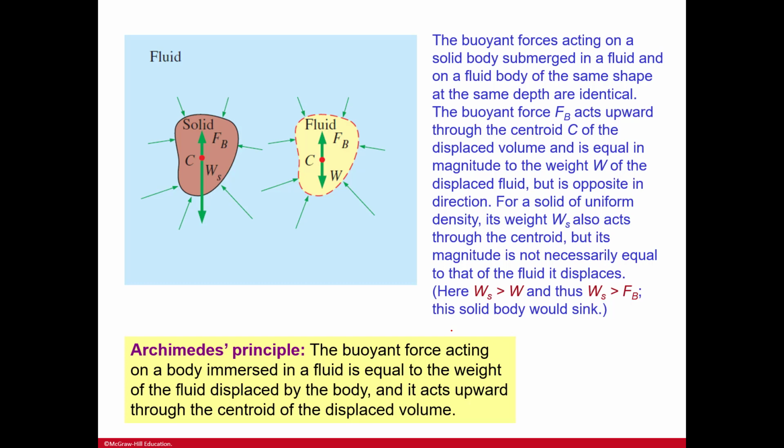And this is Archimedes' principle: the buoyant force acting on a body immersed in a fluid is equal to the weight of the fluid that is displaced. Okay? So the force acting on the body is equal to the weight that was displaced by the body being submerged. And it acts upward through the centroid of the displaced volume.